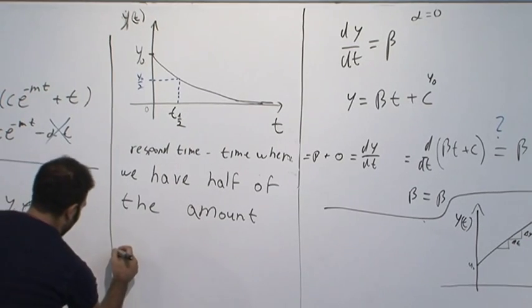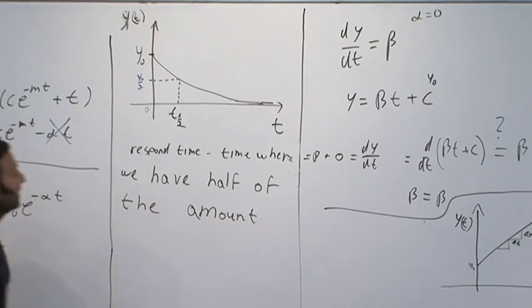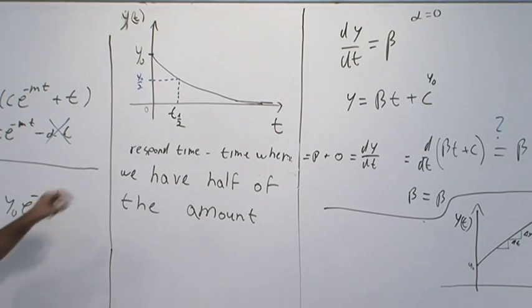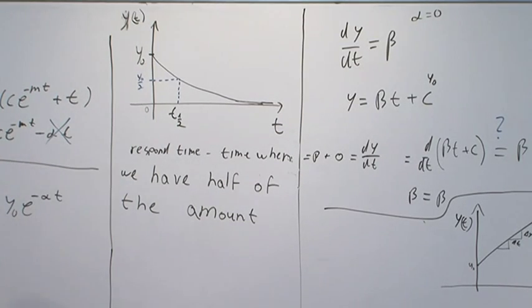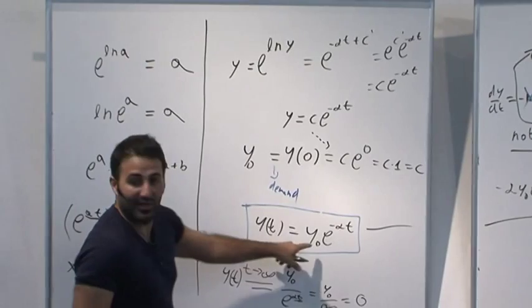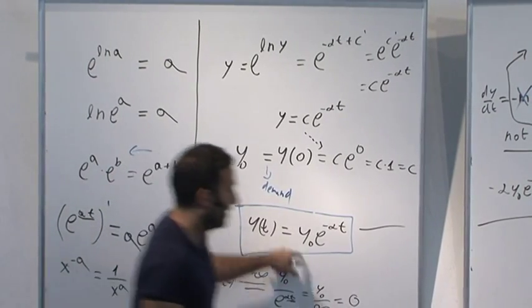So how can we find such a t? We're looking for a time when it will be equal to f of the amount. How can we find it? We can put it back in the equation and demand when it will be equal to f of the amount.